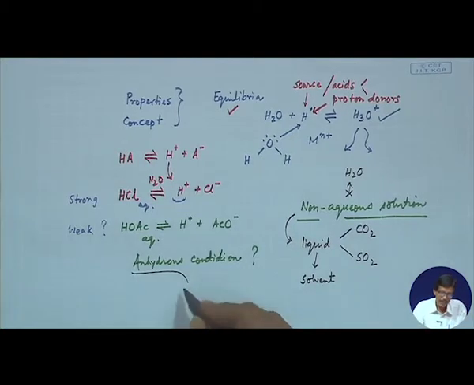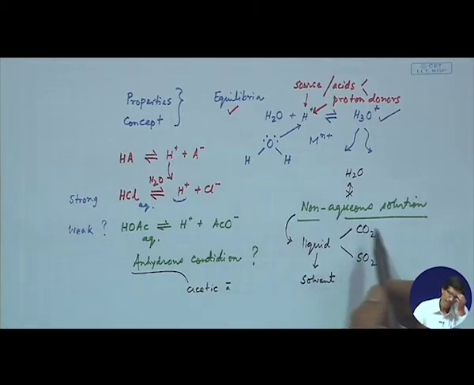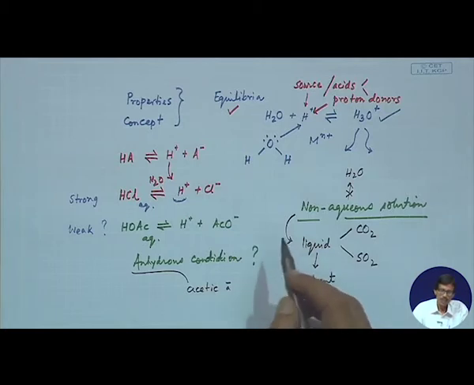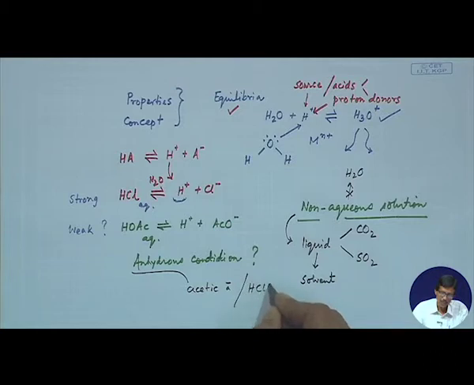Similarly, anhydrous acetic acid can be considered as another non-aqueous solution, where we try to involve the corresponding chemical equilibrium, what is happening and how it can function for these two acids, one is HCl and another is HClO4. Okay. So, these are the things, that means how solvent can play some important role as the basis for this dissociation reaction.